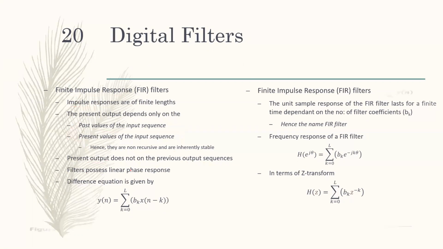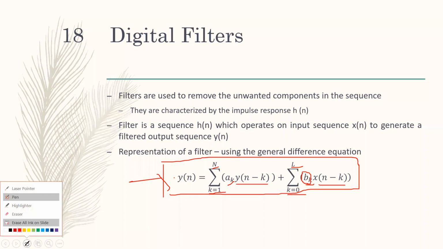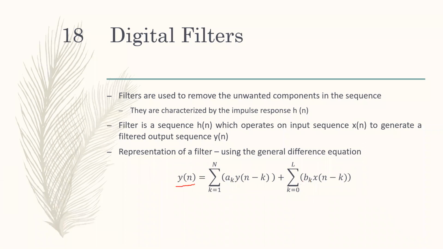Now if I go back to the previous slide, in this equation, what is the specification given? That the present output is dependent on the present input. So if I put k equal to 0, what happens? I'll be getting x of n. x of n is the present value.